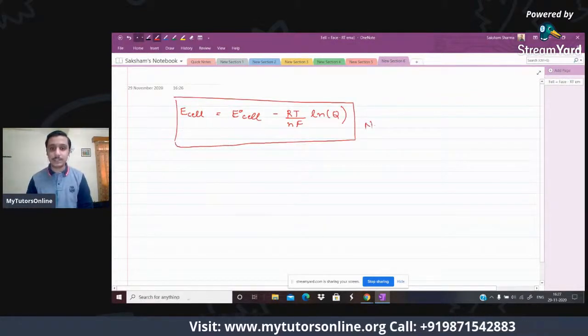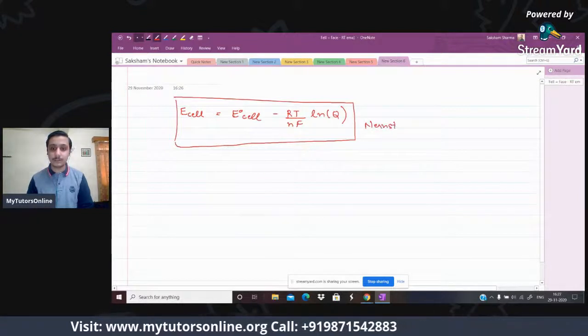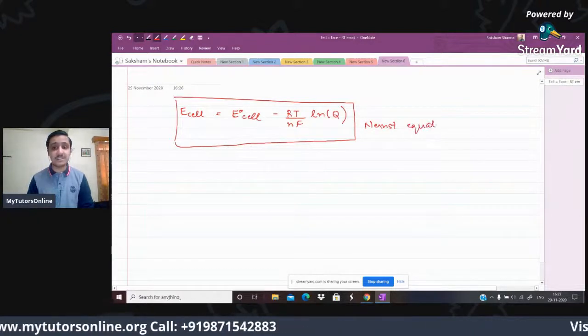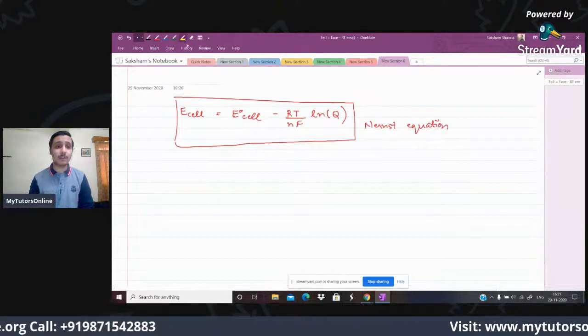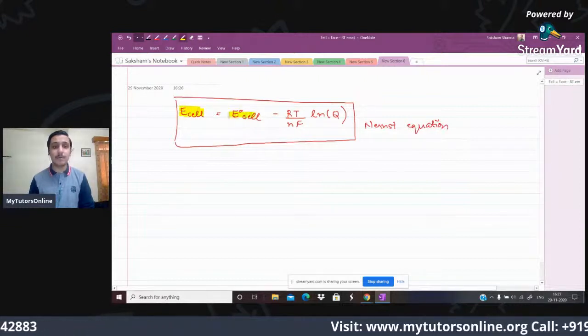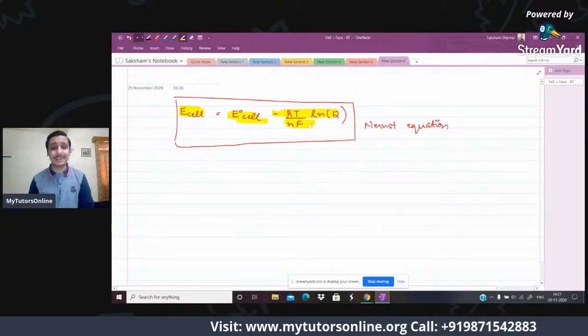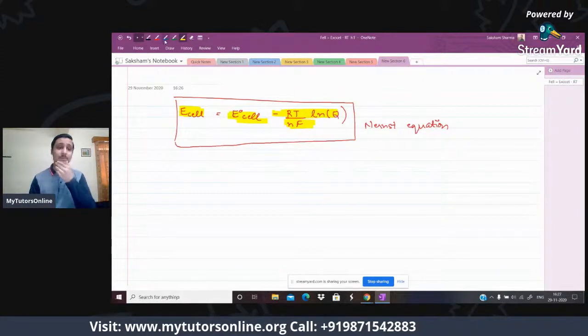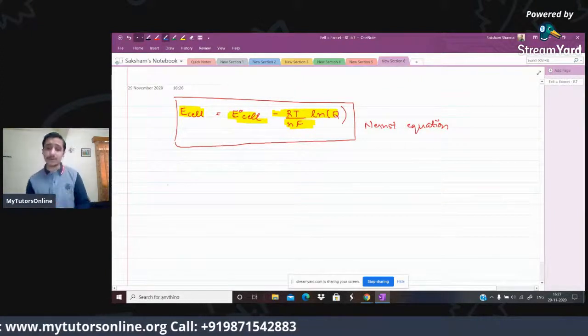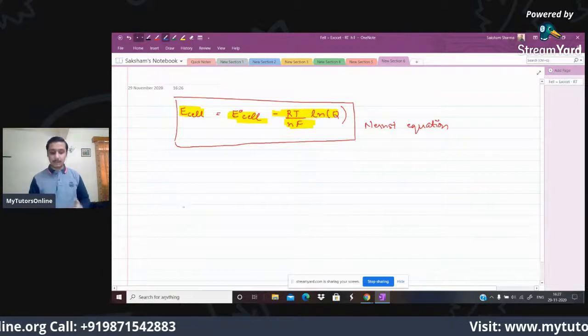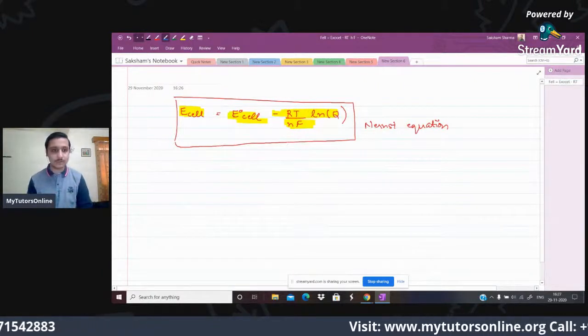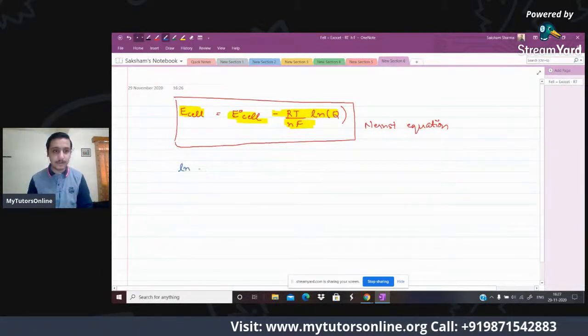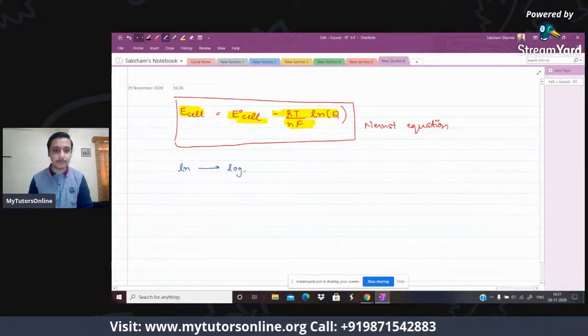This equation is known as the Nernst equation, and it is very important for your board exams because questions are directly asked from this. This is a very important relation. Now, ln is your log base e.